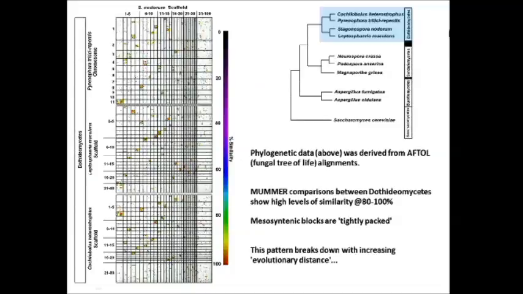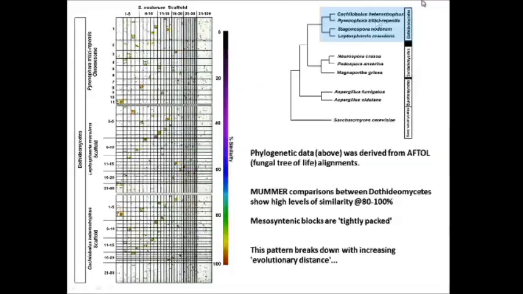And if we compare this to increasing phylogenetic distances between species, in relation to one particular species, Parastagonospora nodorum, which is an important wheat pathogen, that's along here, and then the species going down along the y-axis are gradually more and more distant from that.